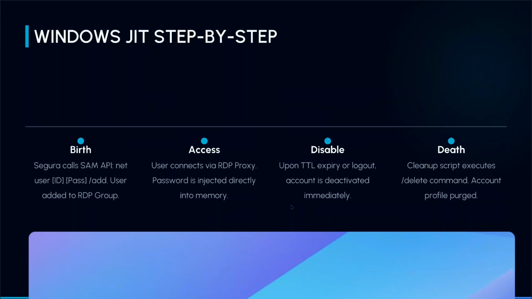So the user will not know the password. After the session expires or the session is dead, we will disable the account or remove the account immediately. There will be a cleanup script after the session dies.